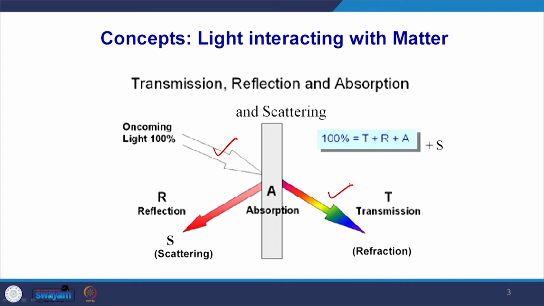If you pass it through a prism, we know that you will get different colors, RGB colors, and you will get refraction, reflection and scattering processes. So a very popular equation which we gave in our previous lecture also: the 100% of incoming light is a combination of various processes, and if we define these processes in terms of some terms, T plus R plus A plus S, which is transmitted energy, reflected energy, absorbed energy and scattered energy. So this is the mathematical equation.